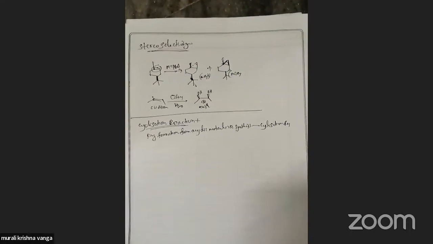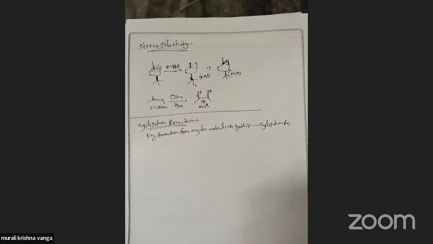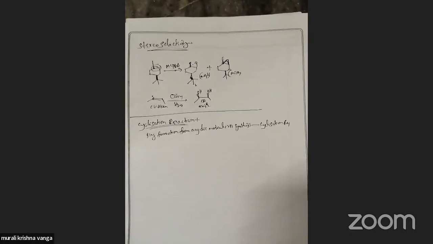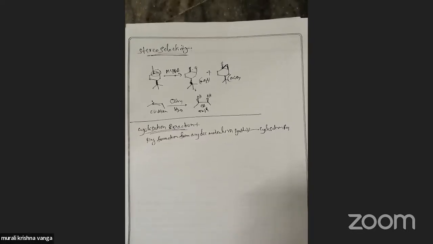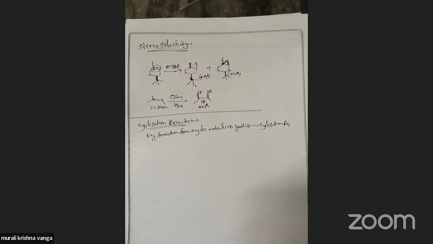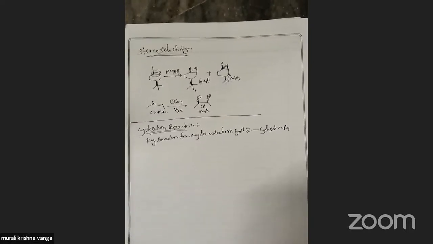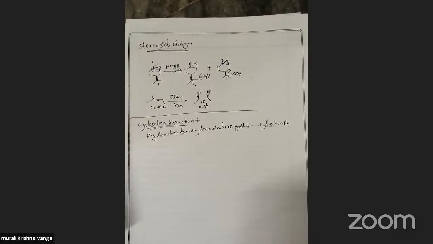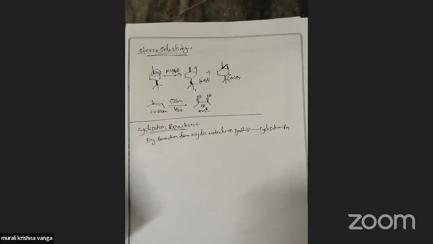Three-membered ring formation is highly favored kinetically, but highly disfavored thermodynamically due to steric strain. A four-membered ring is not favored kinetically or thermodynamically because the reactive centers at the 1 and 4 positions are trans to each other. Five- and six-membered ring formations are favored both kinetically and thermodynamically.